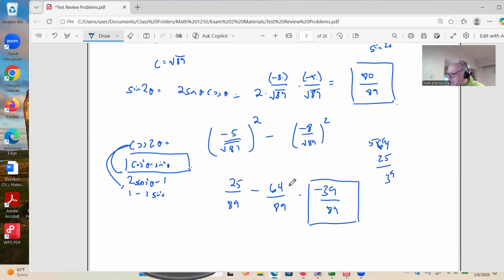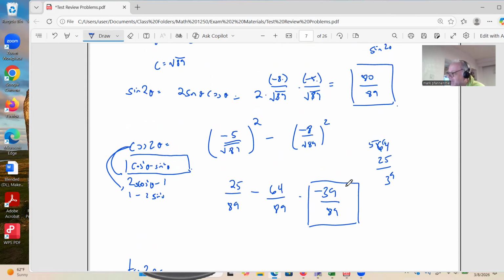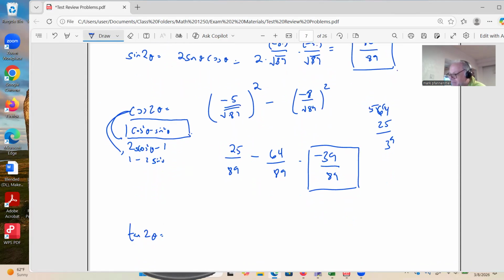Last but not least, we want the tangent of 2 theta. For my class, I told my students you don't have to memorize this. Some of my students do, but not all of them. The goal here is that we have 80 over 89, my sine of 2 theta, divided by cosine of 2 theta, which is negative 39 over 89.